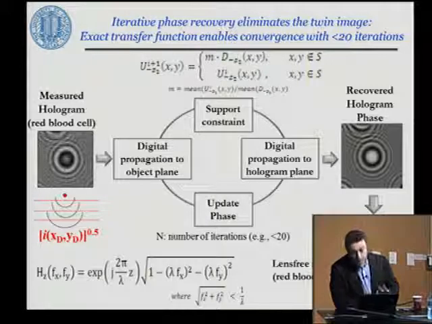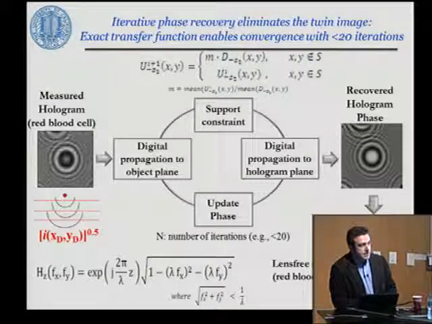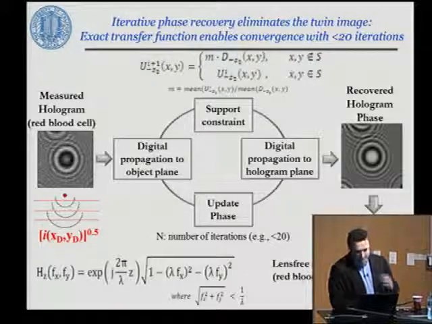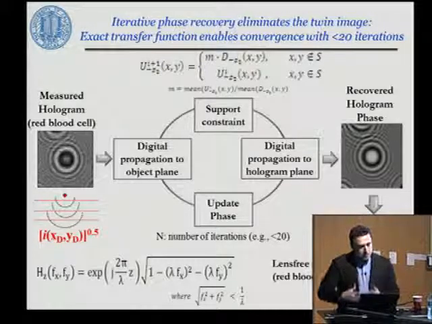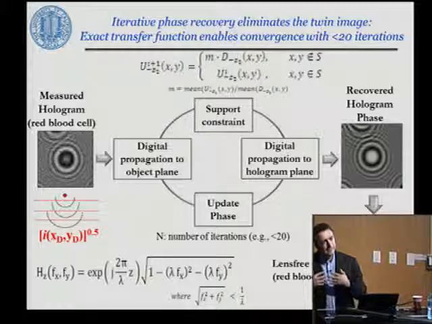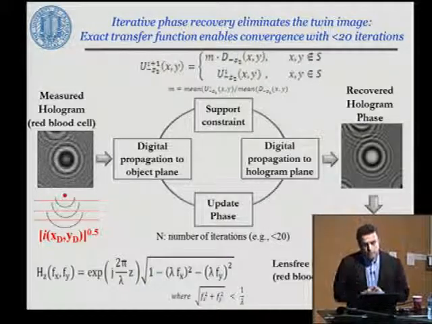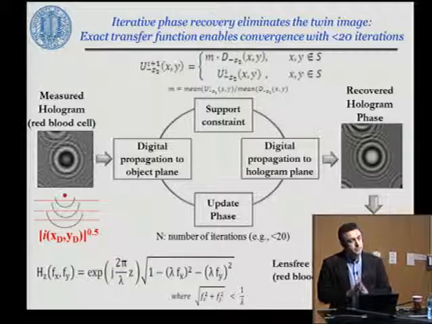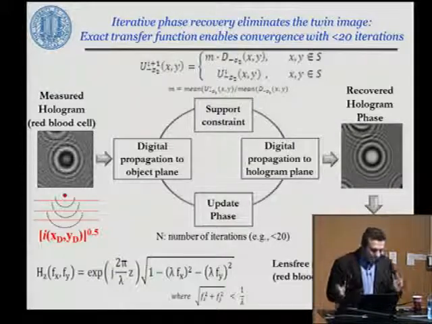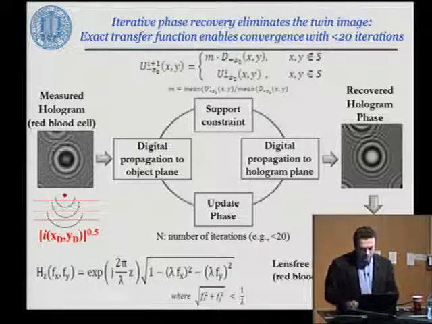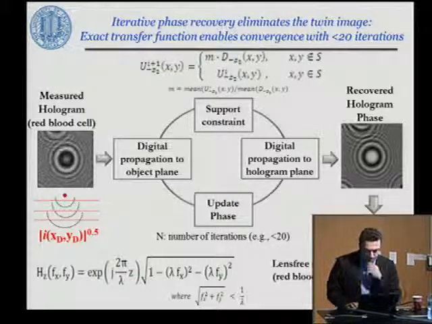This is not exactly what we use currently because we do not like to enforce object support in our reconstructions. Later on, I'll show you results where there are other degrees of freedom that we can enforce for this type of an iterative algorithm to converge for any sample of interest where you cannot sometimes put a relevant object support.